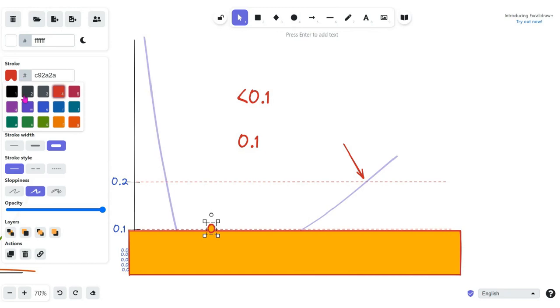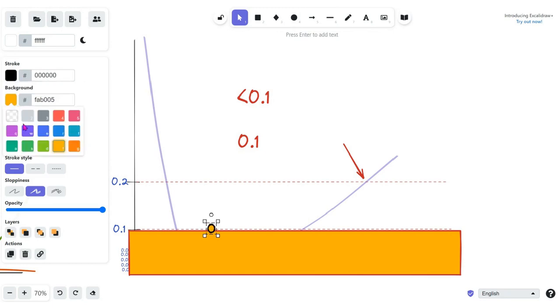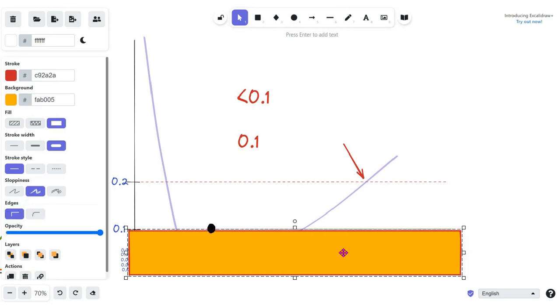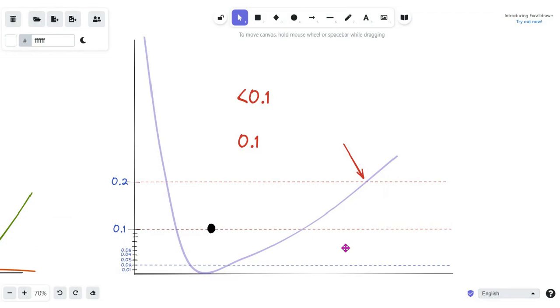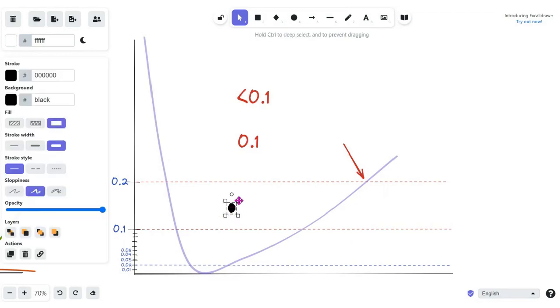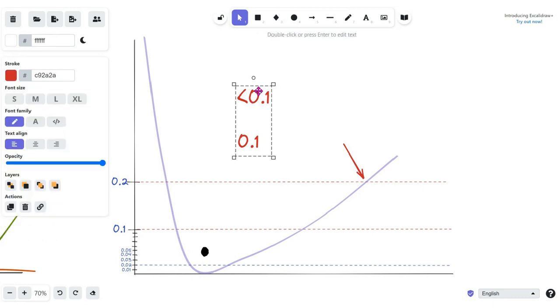Okay? So a PSA that comes back right there is going to be reported as 0.1. PSA that comes back here is going to be reported as 0.2. A PSA anywhere down here will be reported as less than 0.1.